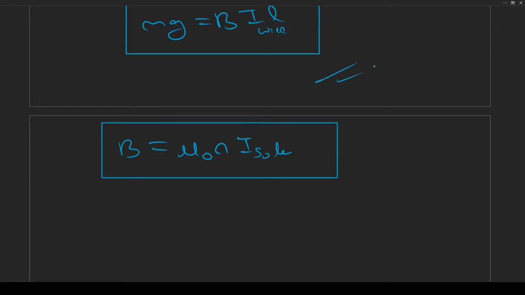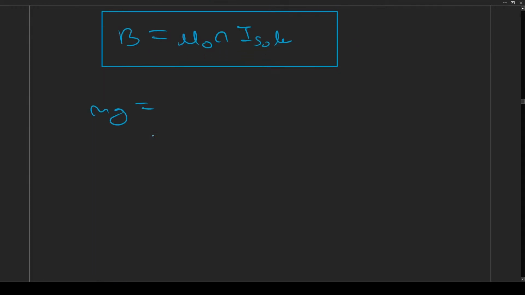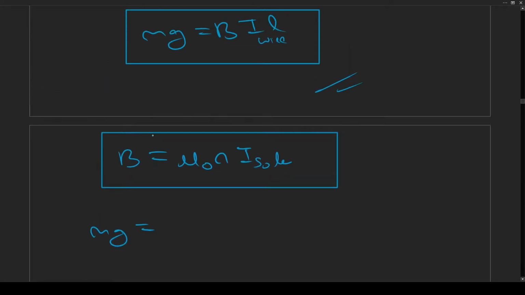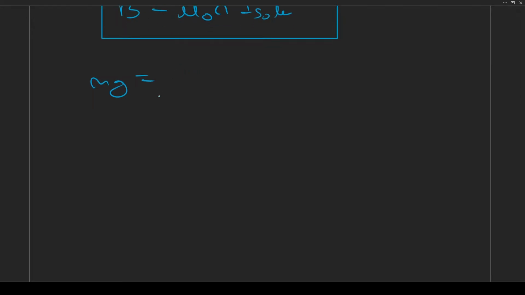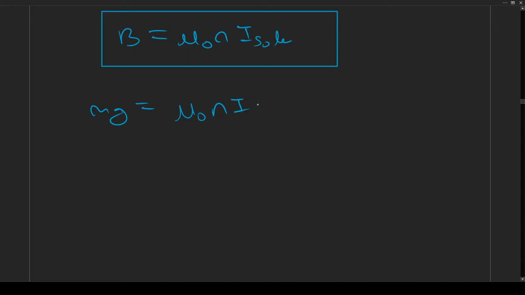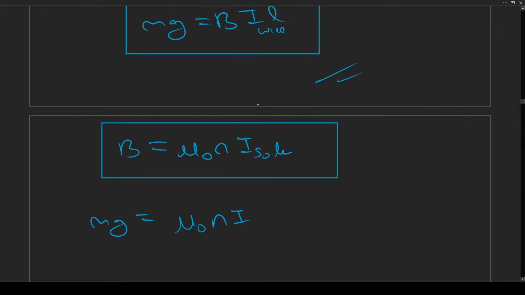Substitute in this equation here, mg, which is equals to mu naught N I of solenoid times I of wire times length of wire.